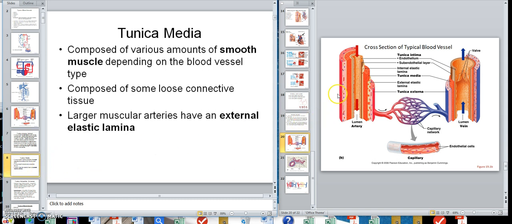The next is the tunica media. The tunica media is composed of various amounts of smooth muscle for vasodilation, vasoconstriction, some loose connective tissue interspersed within, and muscular arteries have an external elastic lamina. Okay, so only these arteries have that.